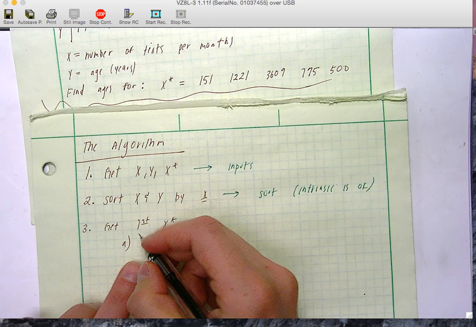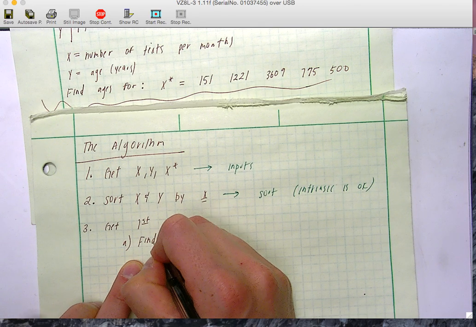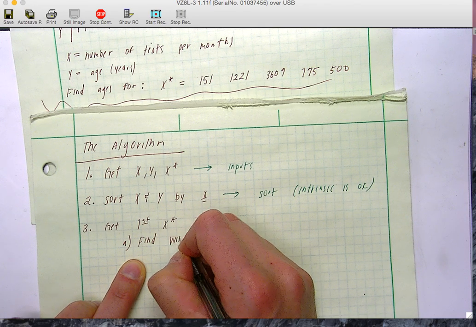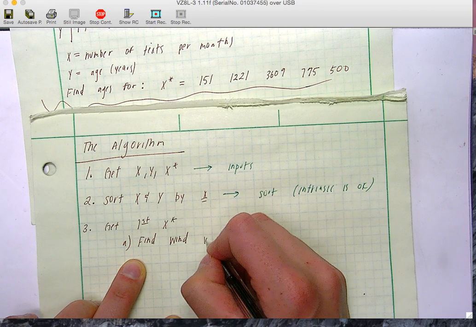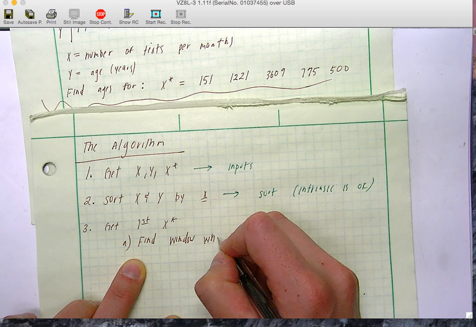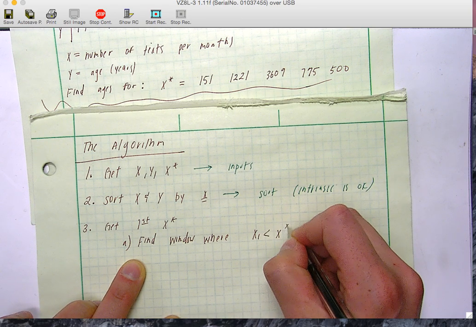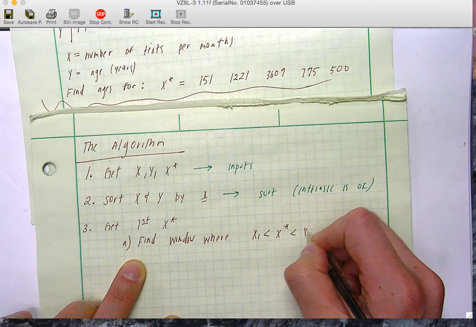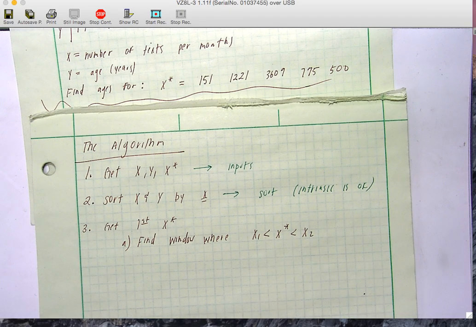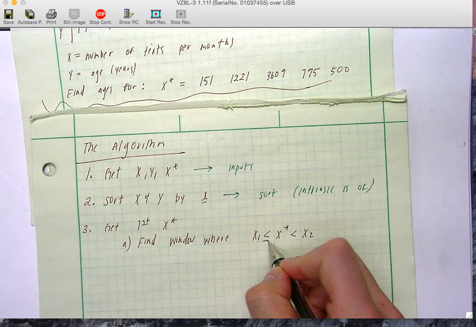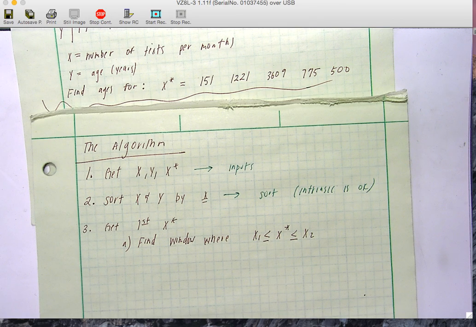So you need to find the window where the 2 points that are in the linear interpolation formula are on either side of the x star. And if you remember just from that linear equation, that if either of them are equal to, it also works. So you can put equal to there as well.